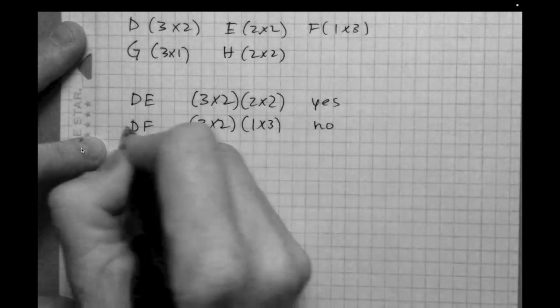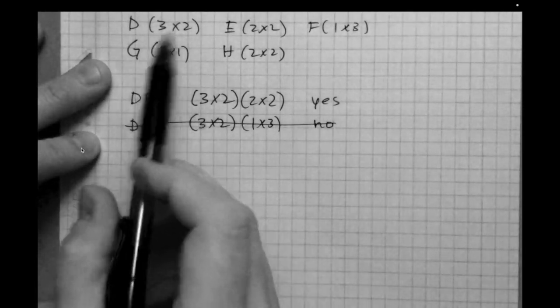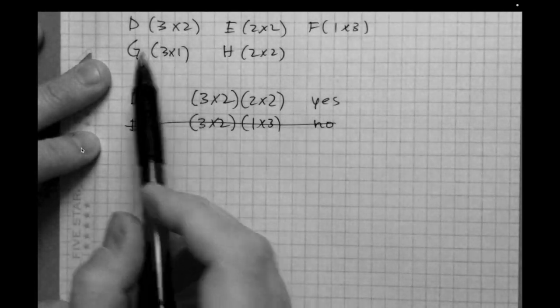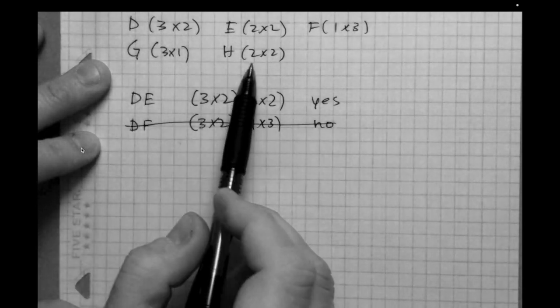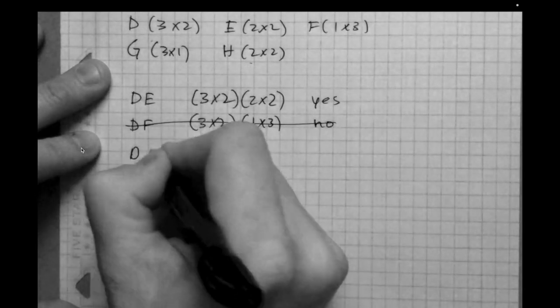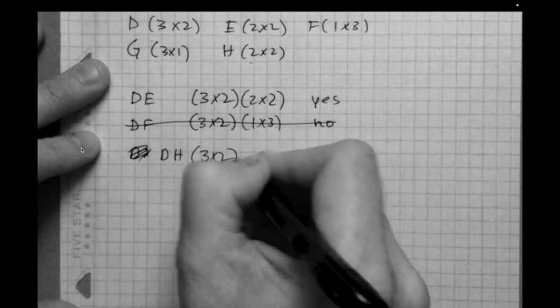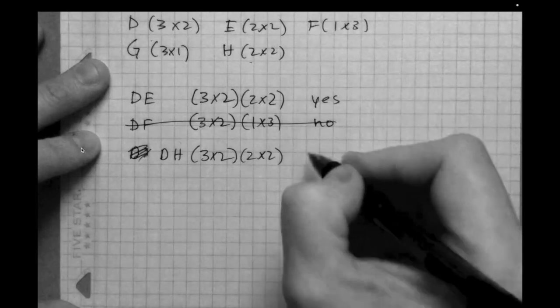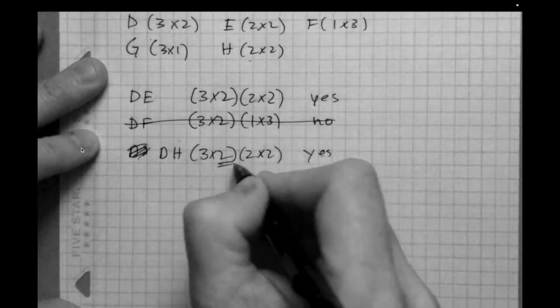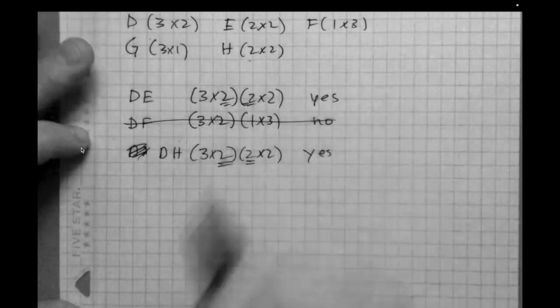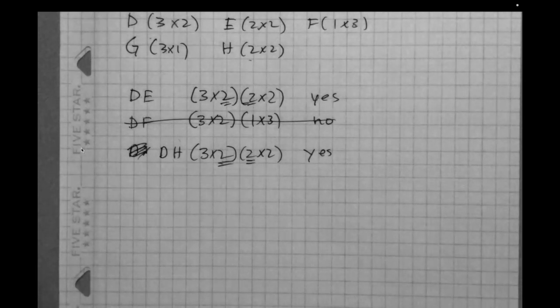That's a no. What about D and G? 3 by 2, 3 by 1? No. What about D and H? 3 by 2 and a 2 by 2? Yeah, that works. These match. So DE and DH work.